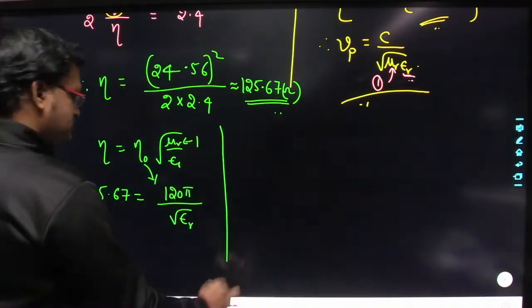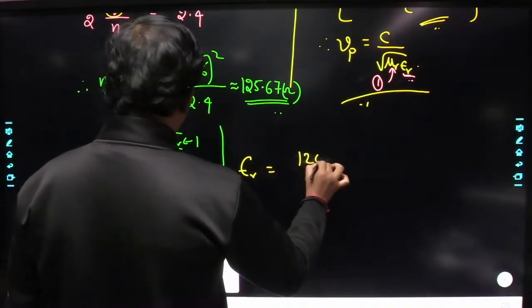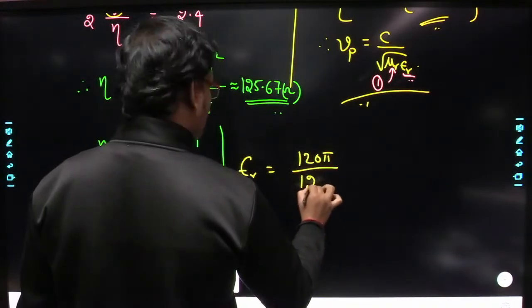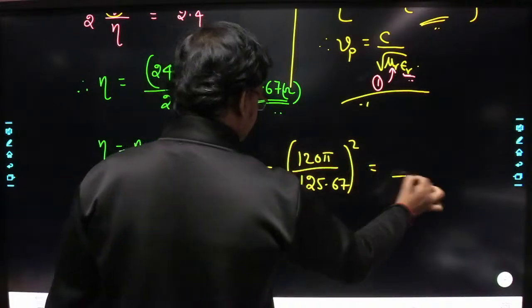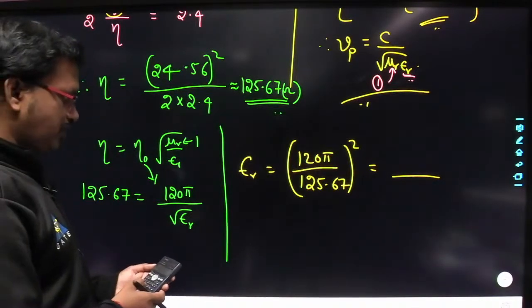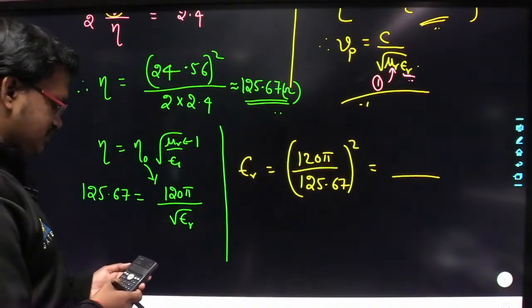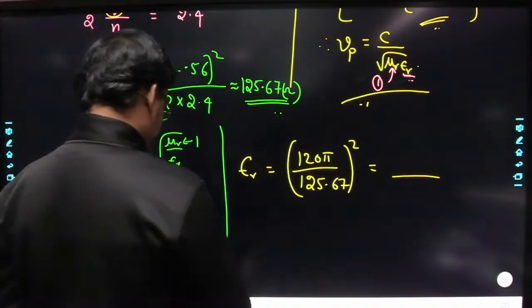From this, epsilon r is equal to 120 pi divided by 125.67, whole square. Let me know if there is any calculation mistake. So 120 pi divided by 125.67, you are going to get approximately 3.